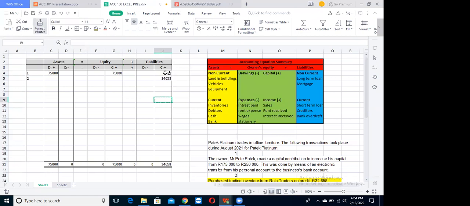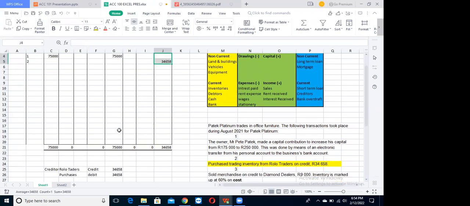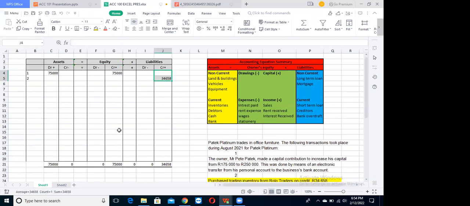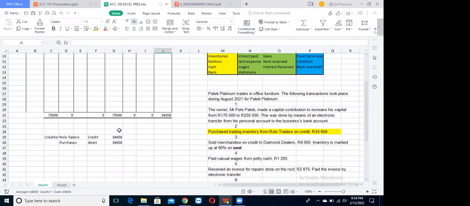Okay. And then when we do that, we want to debit the purchases account. The purchases account has got the same effect as the assets of the business. As I said, what are we purchasing?